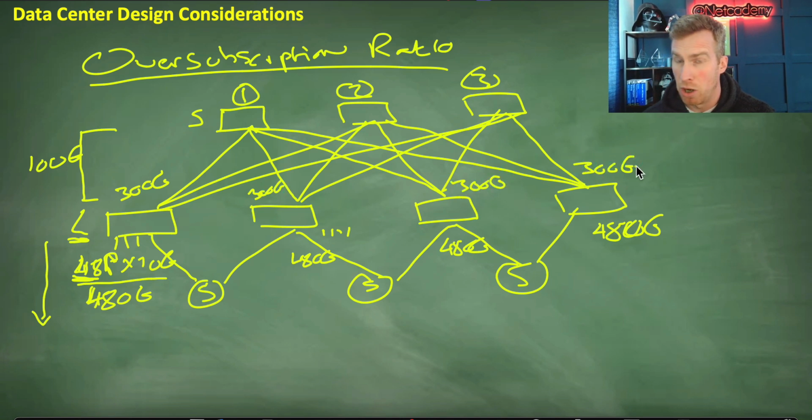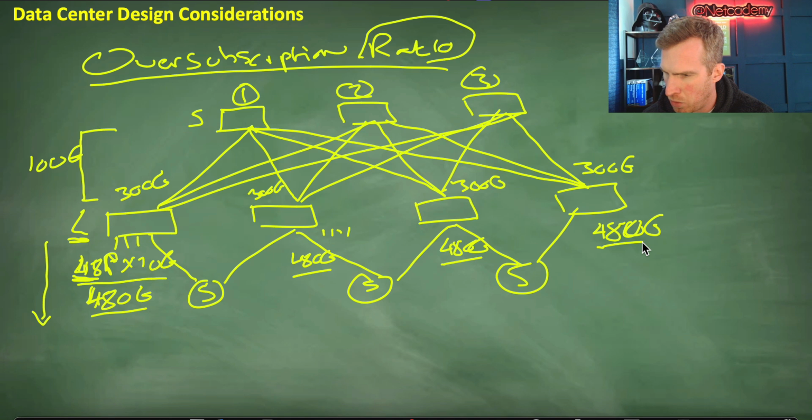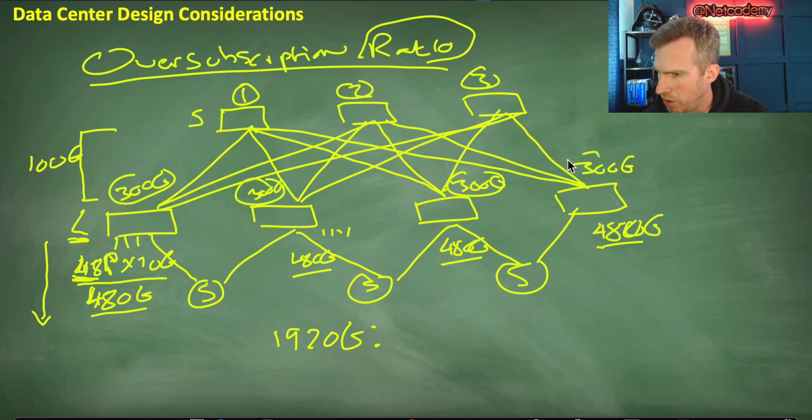So the oversubscription ratio, if we add all these 480 gigs together, is 1,920 gigabits per second of traffic to 300, 600, 900, 1200 supported on the leaf to spine.